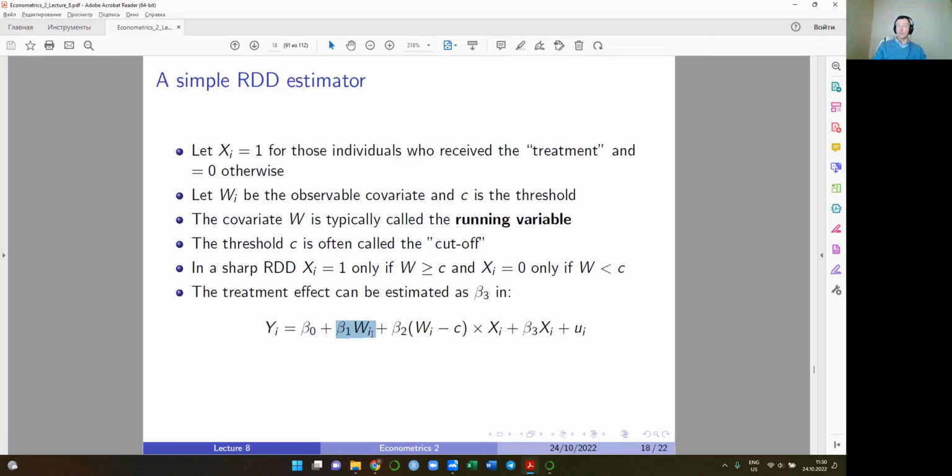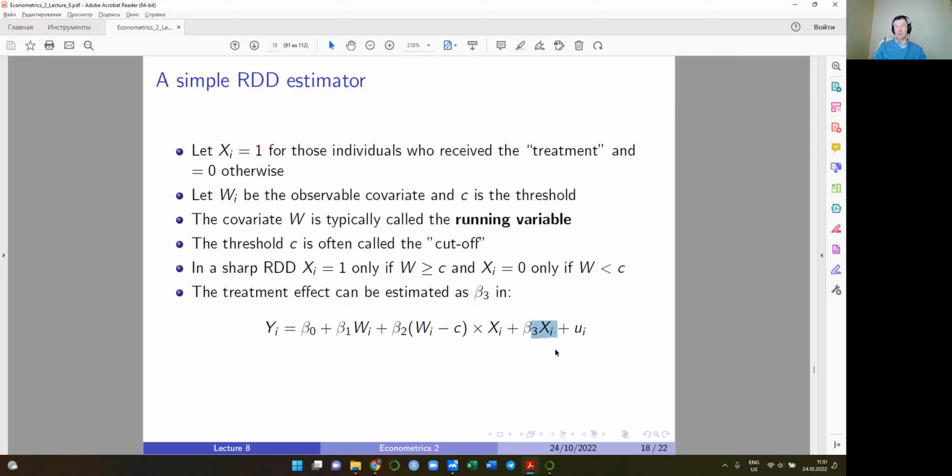So first of all, we regress the outcome variable on this running variable, w. Then here happens something interesting. Look what happens. Running variable minus the threshold, multiplied by x. x is the dummy variable. And then beta 3 multiplied by x. So let's try to think what is going on here.